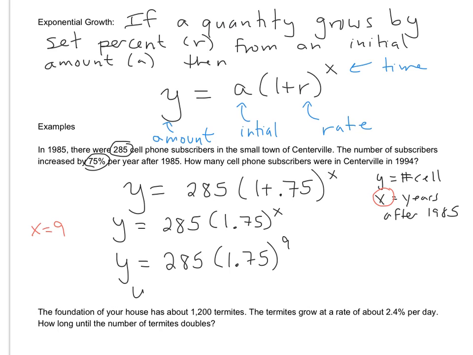So if I figure this out, I just put it in Desmos or any calculator. I get 43871.98. So since it's cell phone users, we'll basically round this up to 43872. So you can see in only 9 years, this thing has gone up quite a bit.